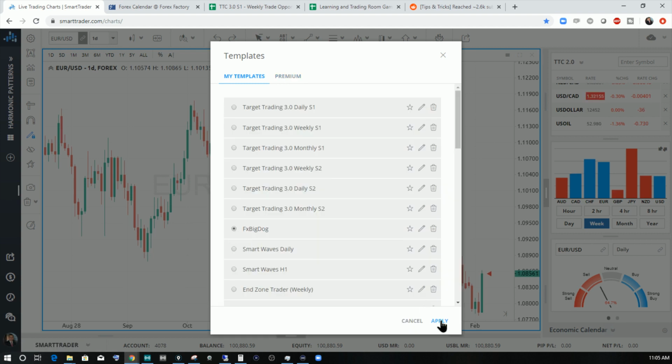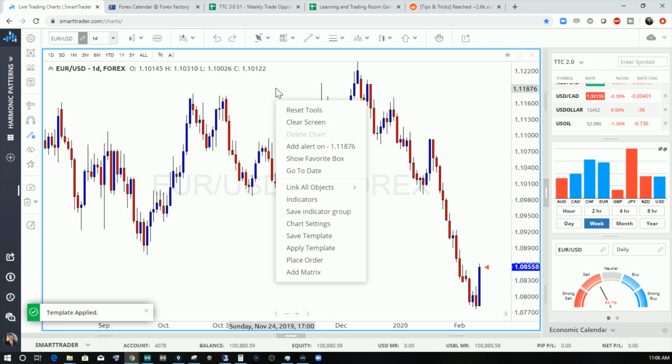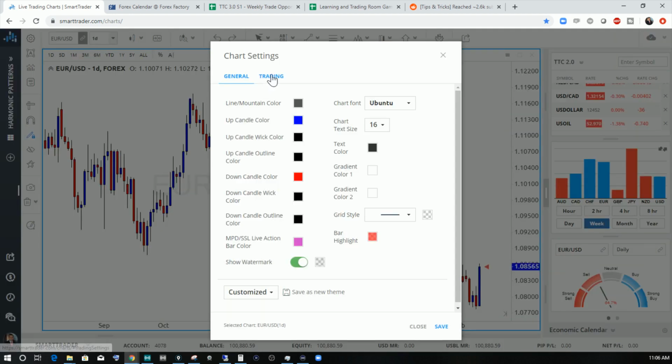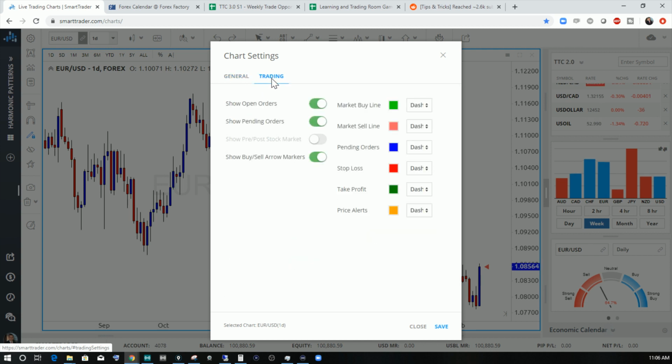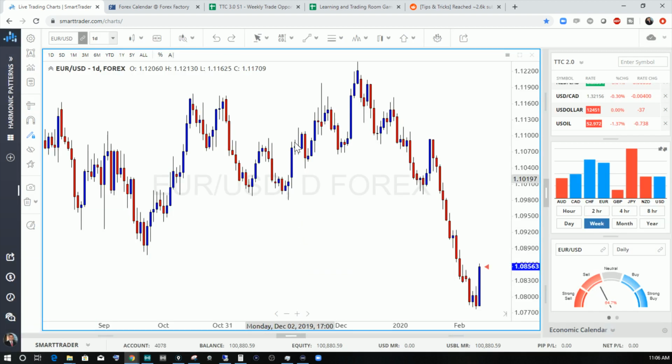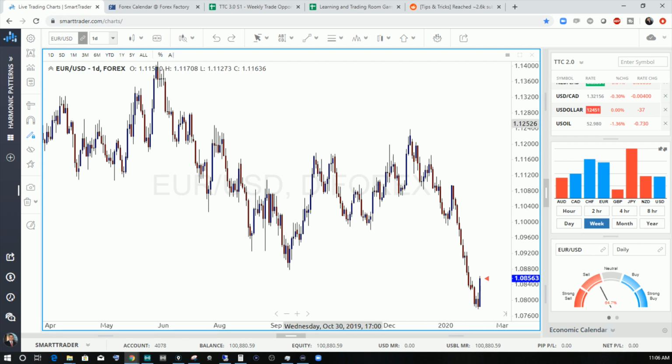And there it is, FxBigDog, that's my template. I'm also going to take a look at some chart settings to make sure I have the right chart settings. Chart settings, I don't need that for right now. Perfect. Okay, cool.